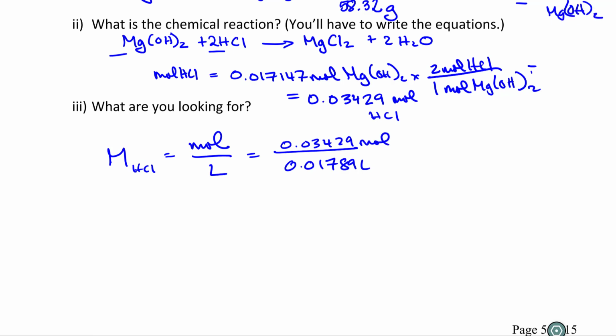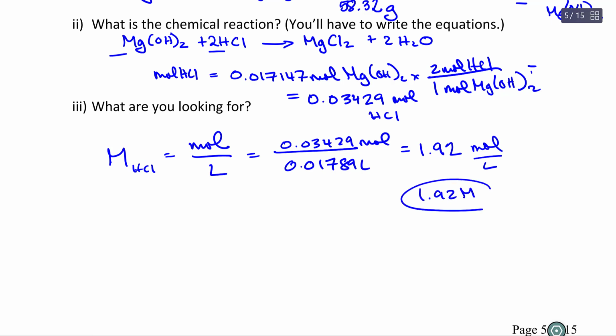So I just take the answer from the previous and then divide by that volume, and that gives me 1.92 when you round it to 3. Remember, we have 3 sig figs. 1.92 moles per liter, or 1.92 molar, like that.